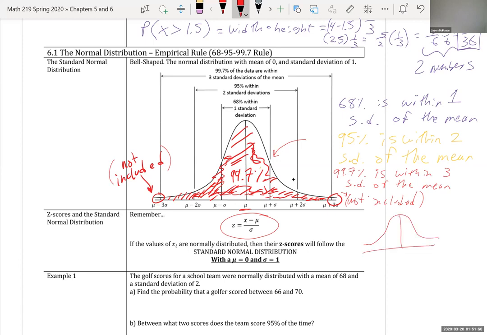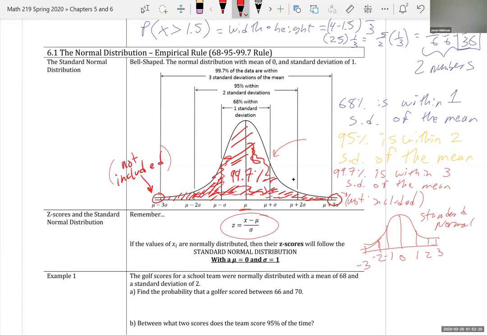It has 0 in the middle, and then 1, 2, and 3, and -1, -2, and -3. So that's the standard normal curve. Now, if it's not standardized, then I have to standardize it. I have to make it into a standard normal curve.